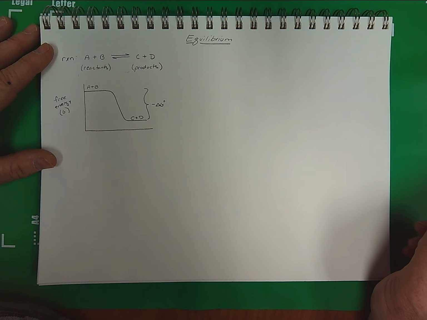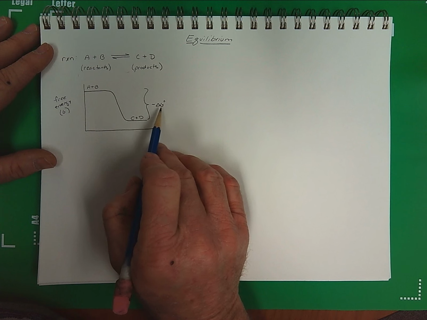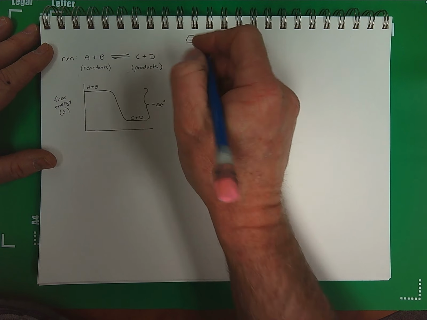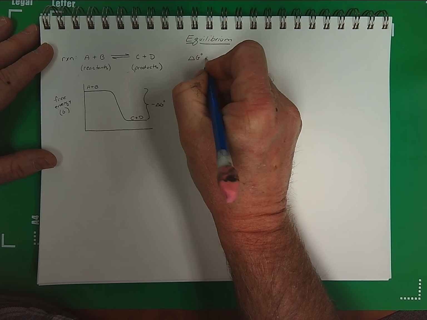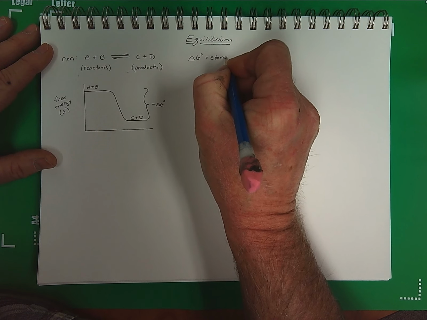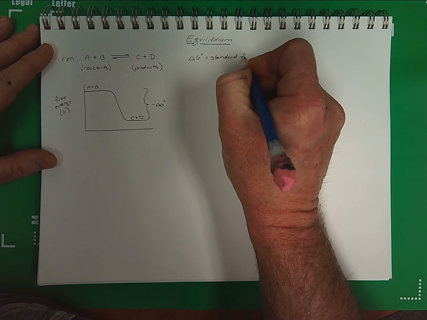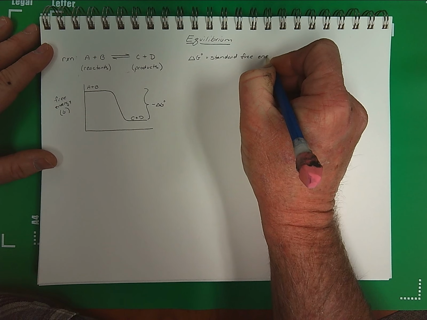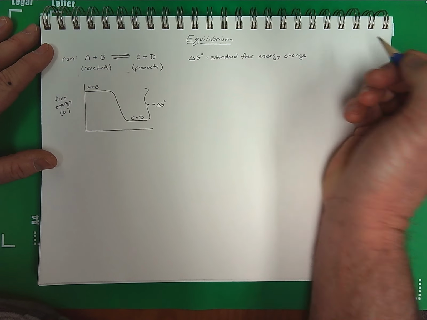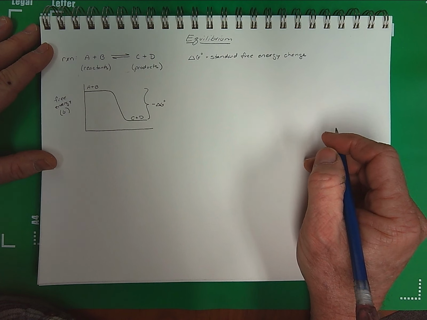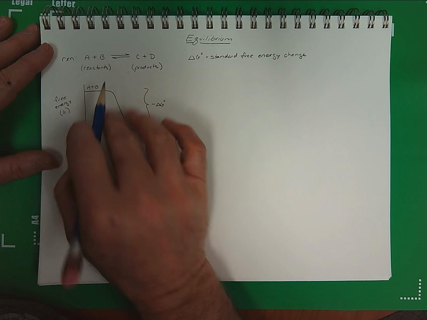Now the designation of delta G naught is called standard free energy change. The standard free energy change is an inherent property of the reaction itself.